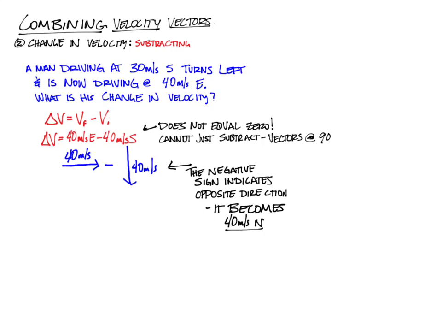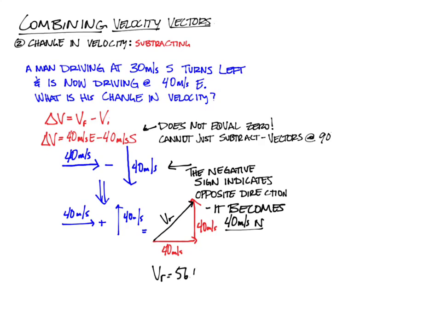So by applying that negative sign, by taking the opposite of that vector, it turns into 40 meters per second east, as shown, plus 40 meters per second north. So when we put them together, that's 40 over and 40 up, and then we have our resultant. That is our change in velocity right there. So doing the math that we've already worked on, that comes out to be 56.6 meters per second at 45 degrees. We're going to have time to practice all of this tomorrow. I'm sorry that I jammed so much into a video.